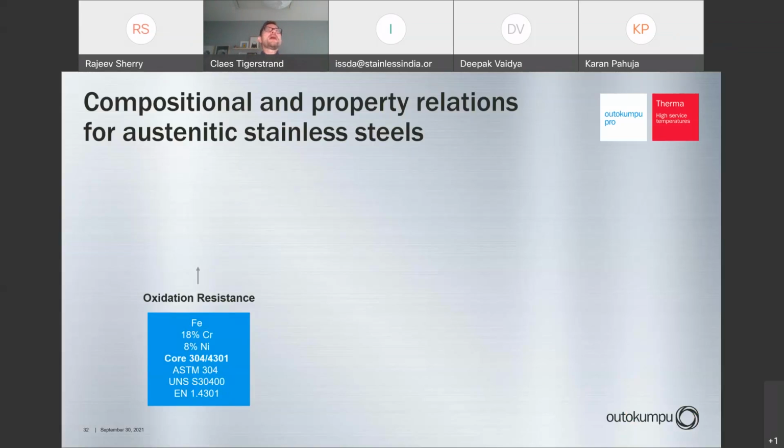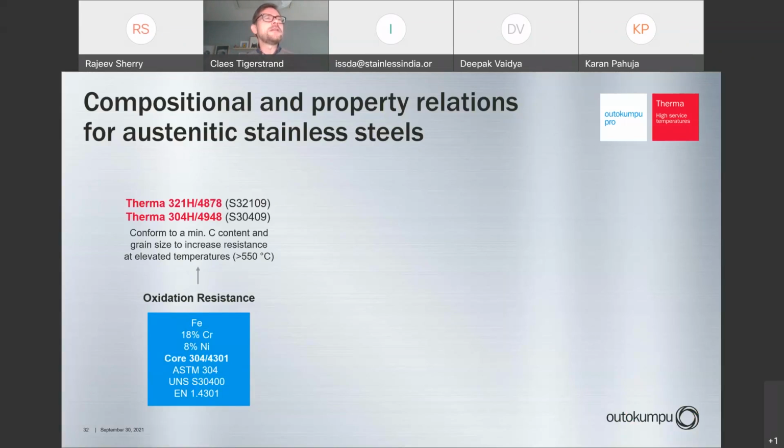Then finally, for the austenitic grades, we have the Therma range for high service temperature. So coming from the standard 304 to improve the oxidation resistance, you have some versions of the standard grade where you add an H there. You have the Therma 304H, you have the Therma 321H.